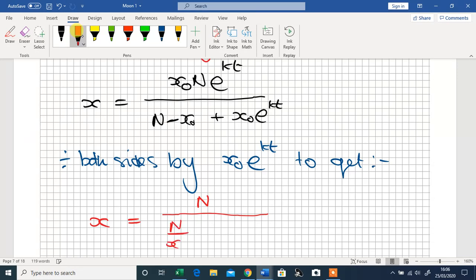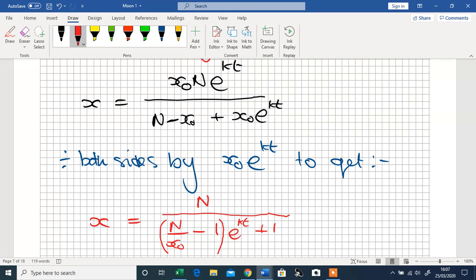Over x naught, because you divide each of these terms here by x naught e to the kt. So you get n over x naught minus 1, and that's all times e to the kt plus 1.